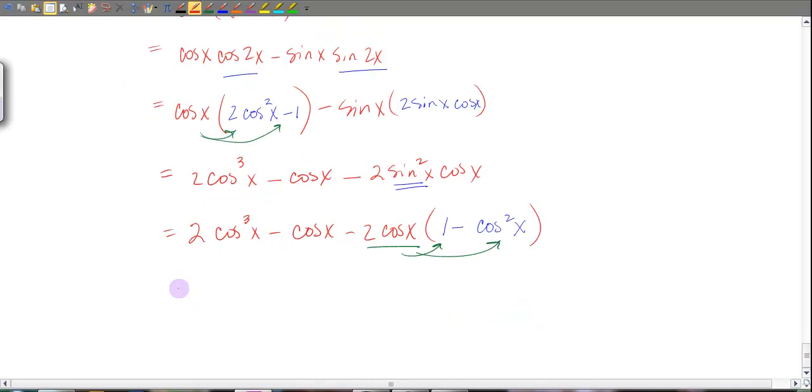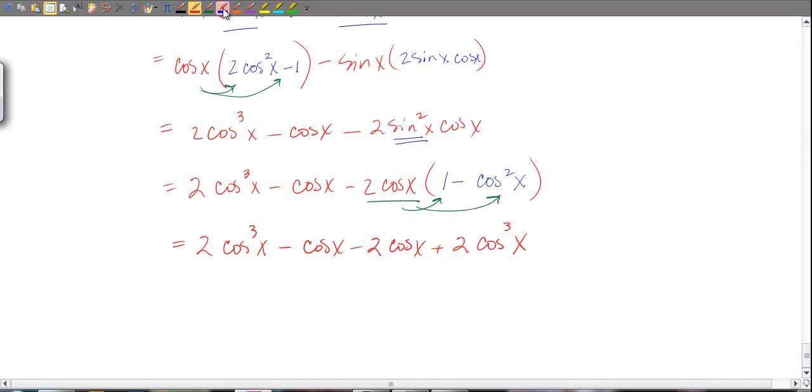So I get 2 cosine cubed x minus cosine x minus 2 cosine x, and then take this and multiply it in here, and I get plus 2 cosine cubed x. Cosine times cosine squared is cosine cubed. So I have 4 terms here now, and we're going to collect our like terms.